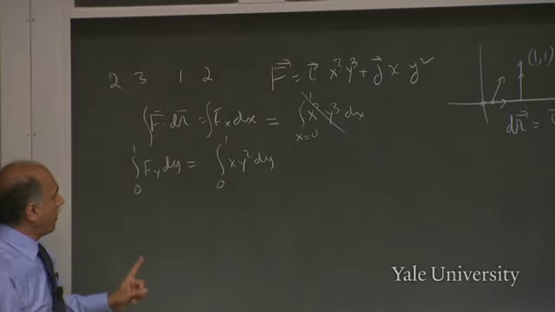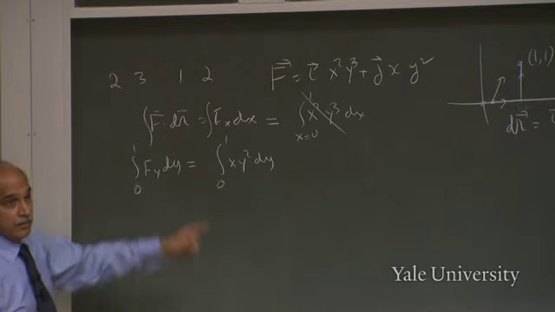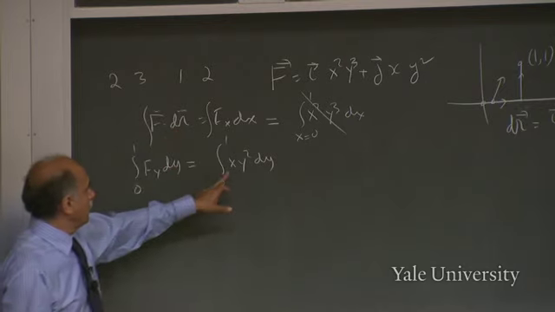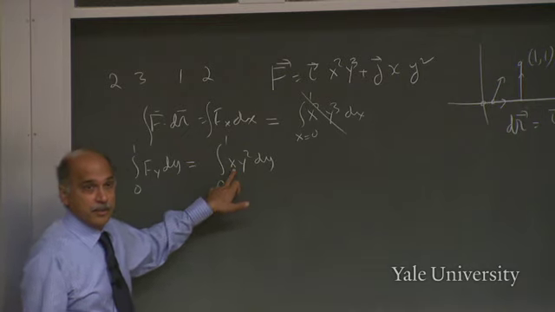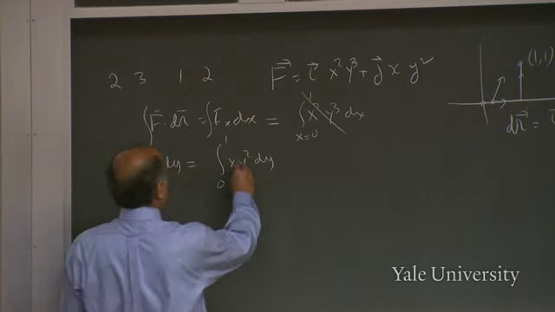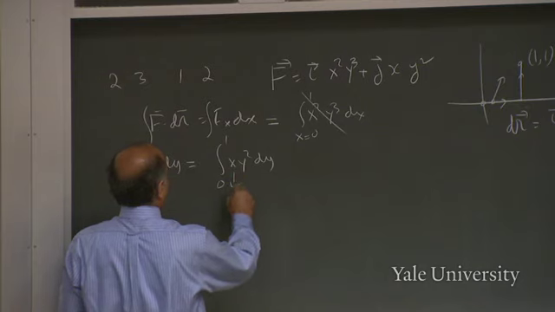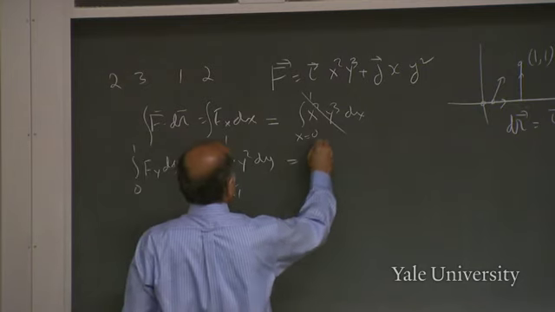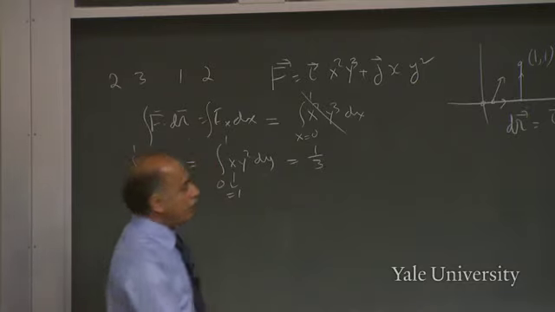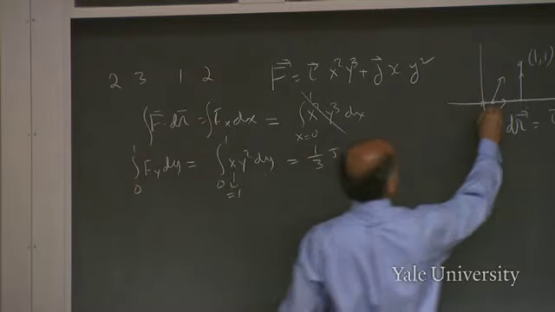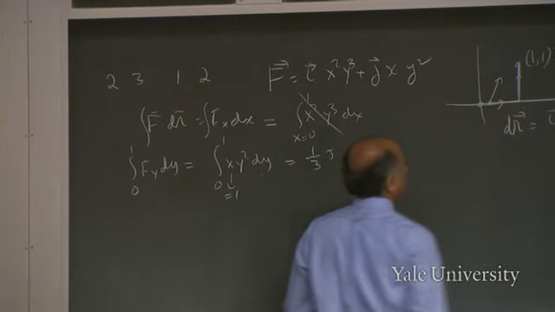But now, on the entire line that I'm moving up and down, x is equal to 1. Do you see that? x is a constant on that line. So you can replace x by 1, and y squared dy is y cubed over 3, and the work done is therefore 1/3 joules. So the work done in going first to the right and then to the top is 1/3.